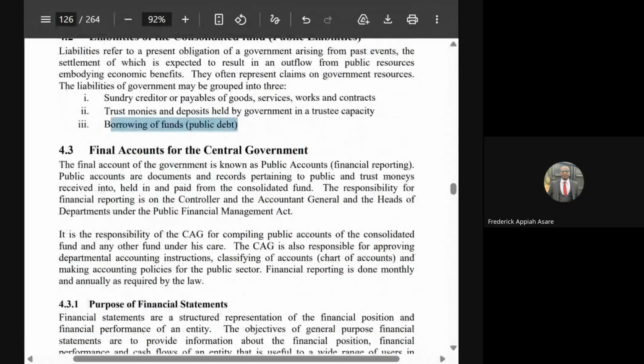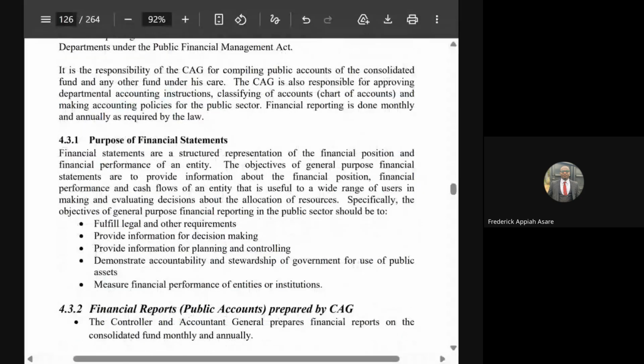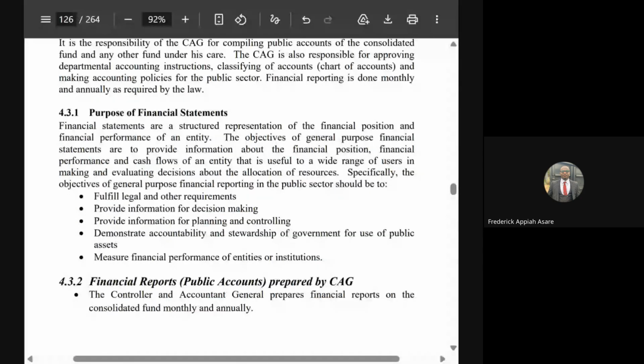Now let's look at the final accounts of the central government. The final accounts are the accounts that you're supposed to prepare. The purpose of the financial statement. Financial statements are a structured representation of the financial position and financial performance of an entity. And the objective of the general purpose financial statements is to provide information about the financial position, financial performance, and cash flow of the entity that is useful to a wide range of users in making and evaluating decisions about the allocation of resources.